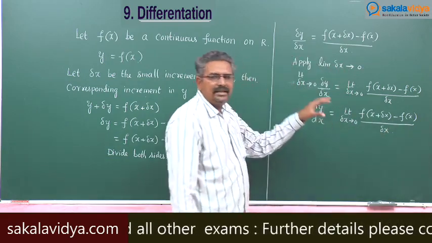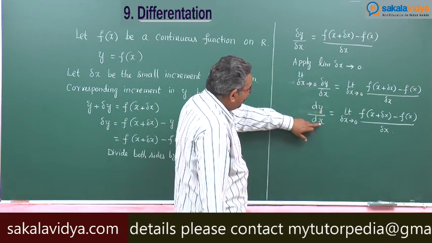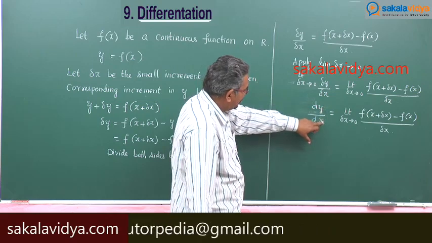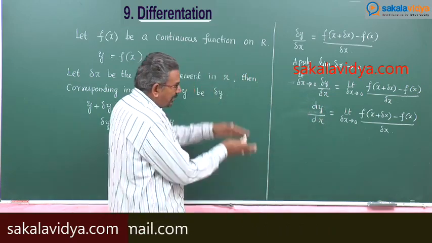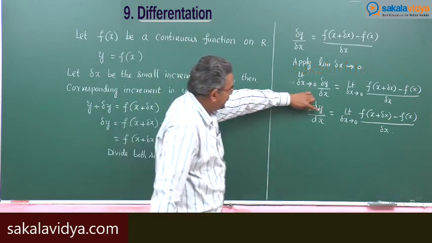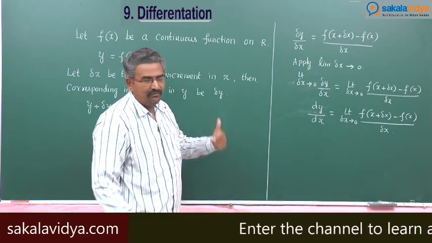This dy by dx is called the derivative of y with respect to x, or differentiation of y with respect to x. The process of finding it is known as differentiation. This is called the differential coefficient of y, or derivative of y.